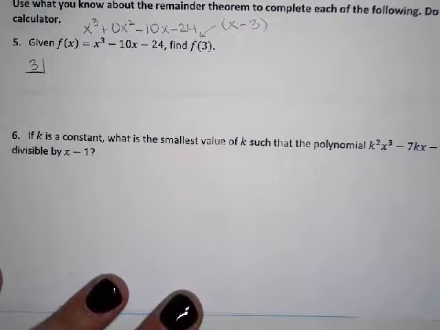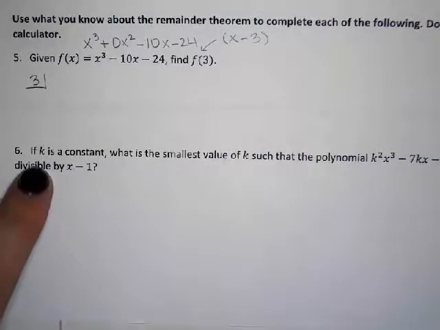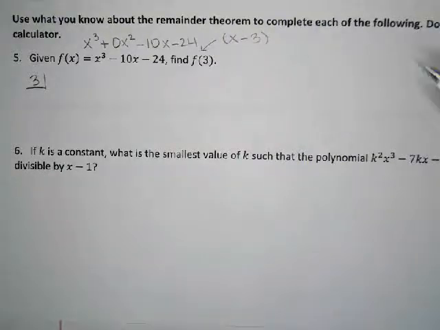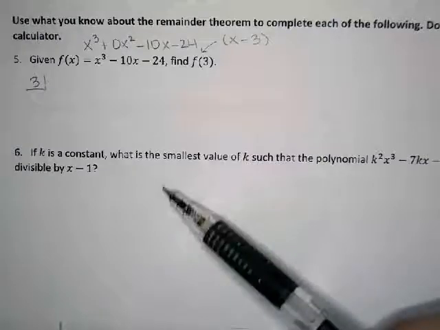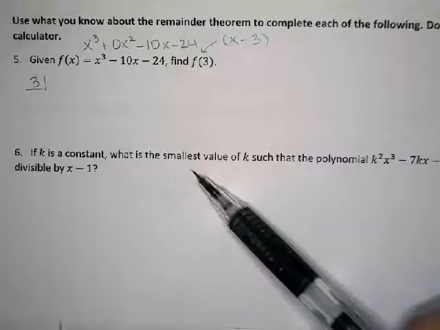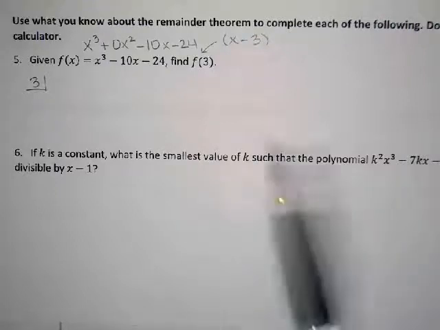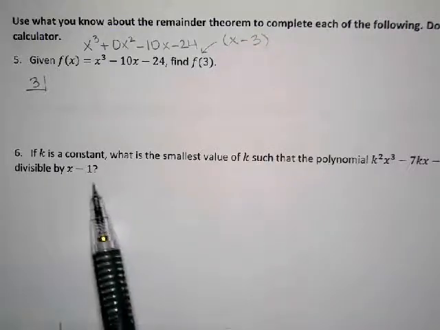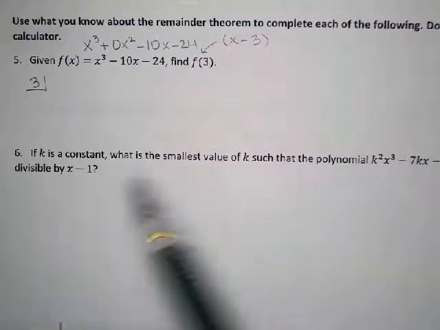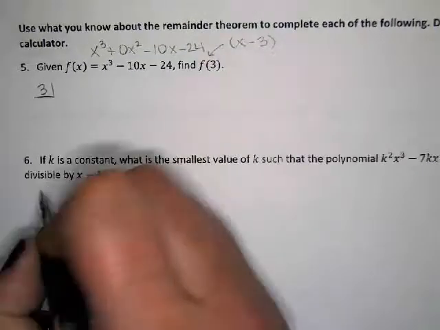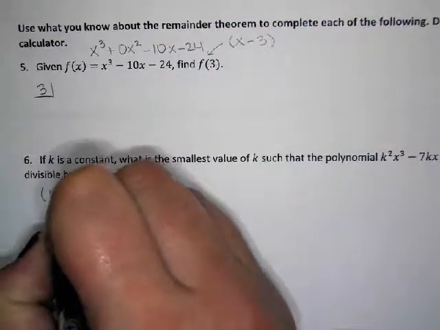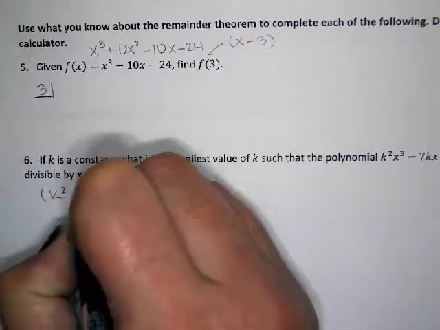It says, if k is a constant, what is the smallest value of k such that the polynomial is divisible by x minus 1? Okay, so here's what we're going to write out. We're going to say k squared x to the third minus 7kx minus 18 divisible by x minus 1.